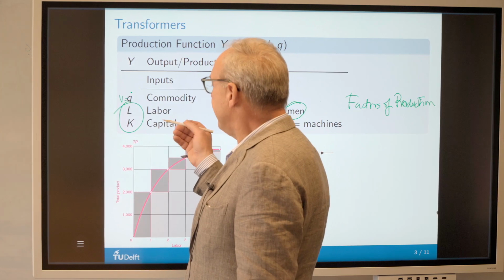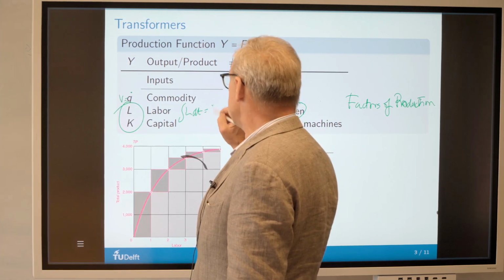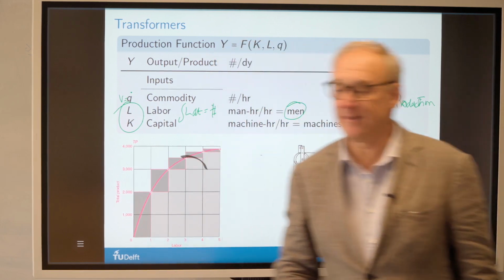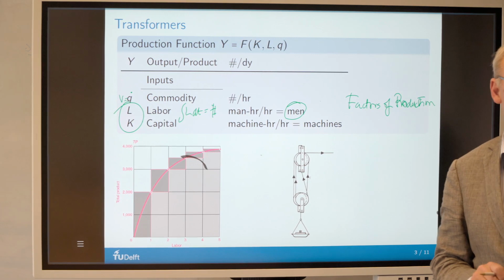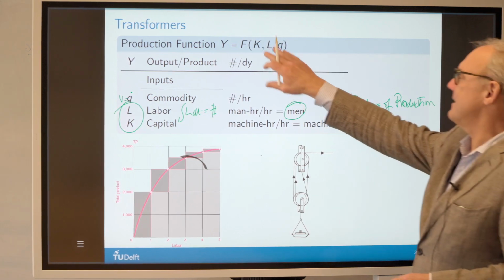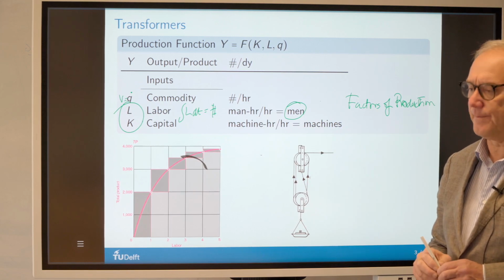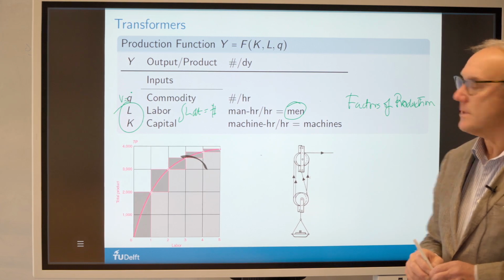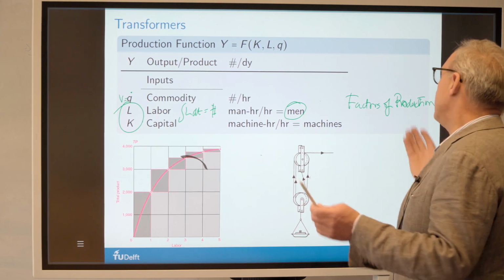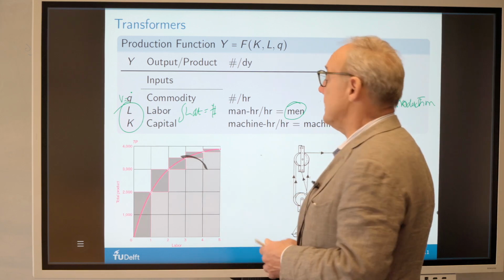So the integral of all the labor in dt gives the man hours. It's a little confusing, so these things look weird, but they're really the same as this. So these factors of production are flow variables. You just have to treat them a little bit differently.